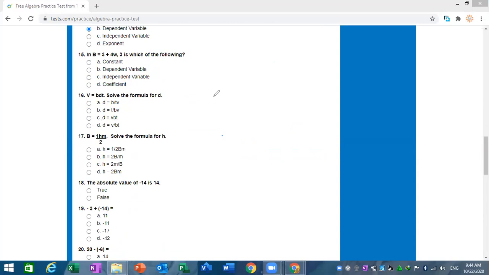P equals hm over 2. How can we solve this question for h, grade 9? No one?